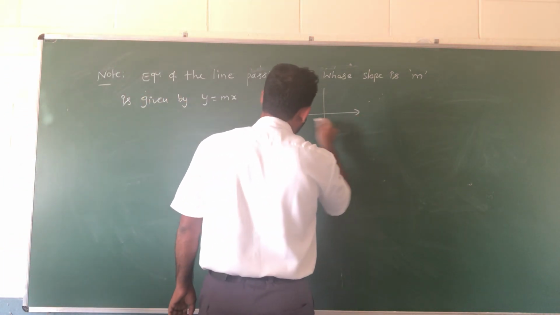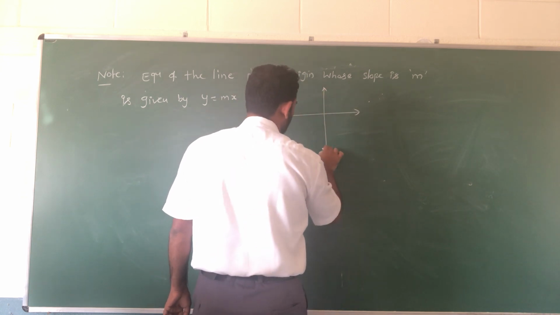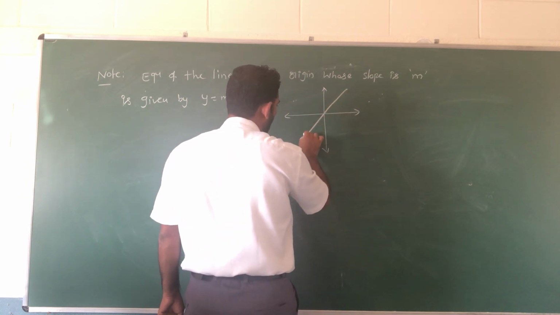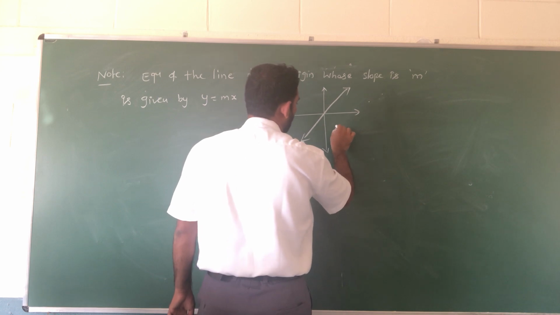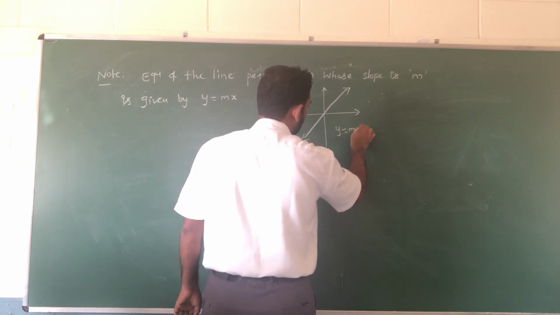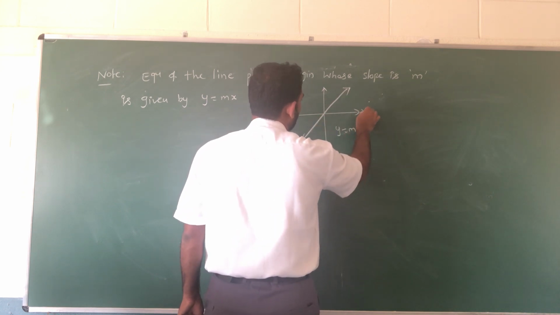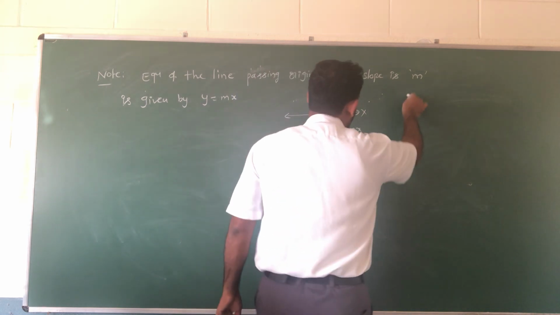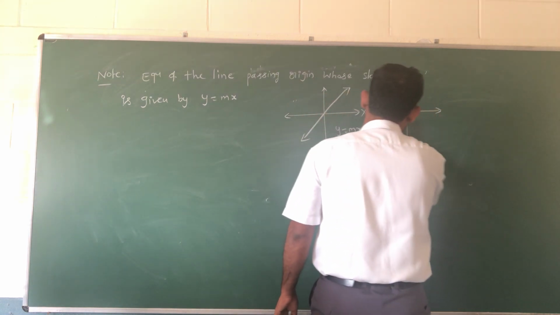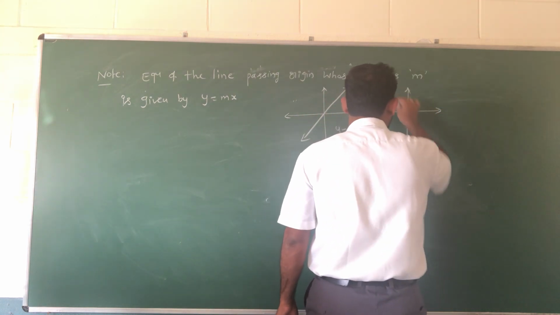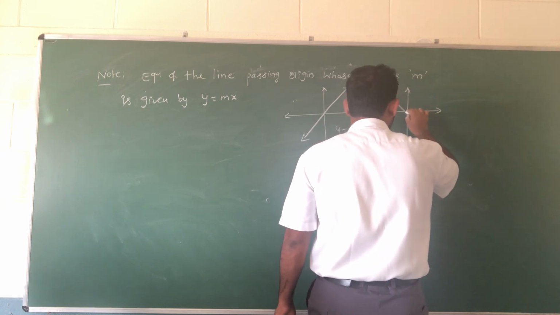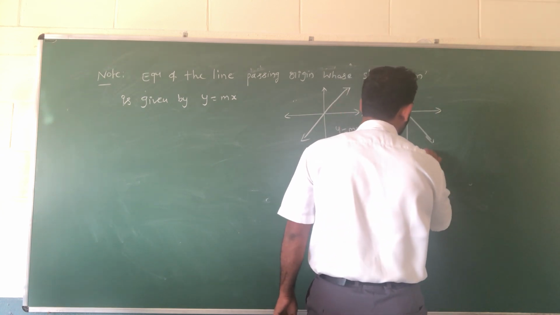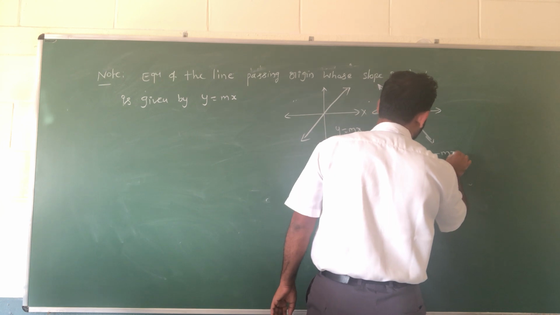So in two cases are there. This is passing through origin. This is y is equal to mx, this line equation. In the second case, this is also passing through origin only. So this equation is y is equal to minus mx.